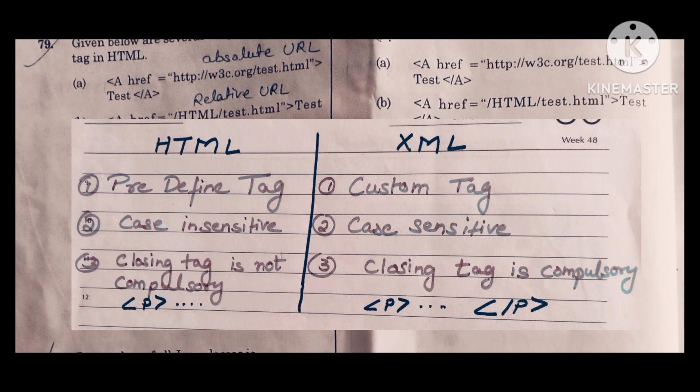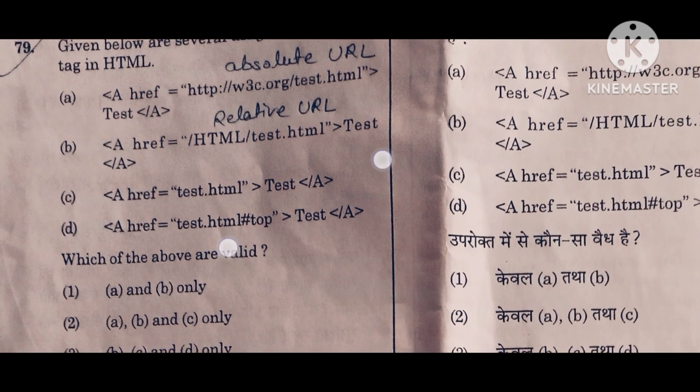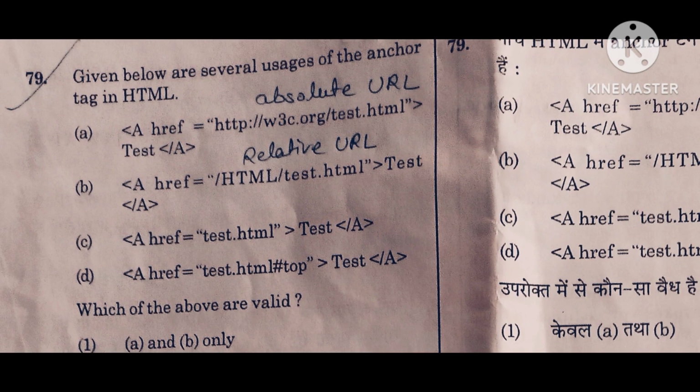And the most important difference is that the closing tag is compulsory in XML, whereas it is not compulsory in HTML. Like in XML, you see P for paragraph always has a closing tag P. Here one thing more important, in this question in option A, you see the link in the href is an absolute link, absolute URL.